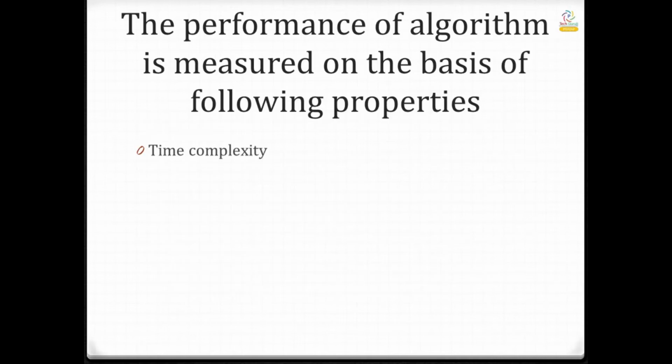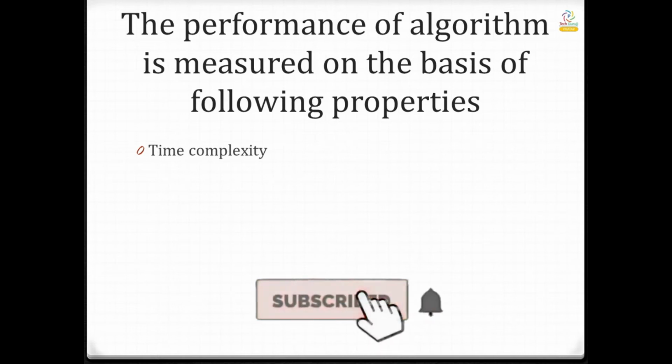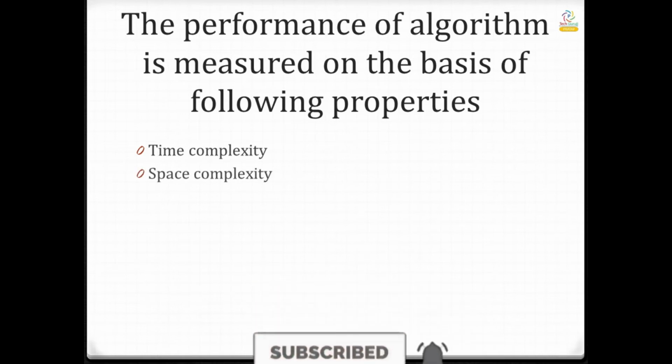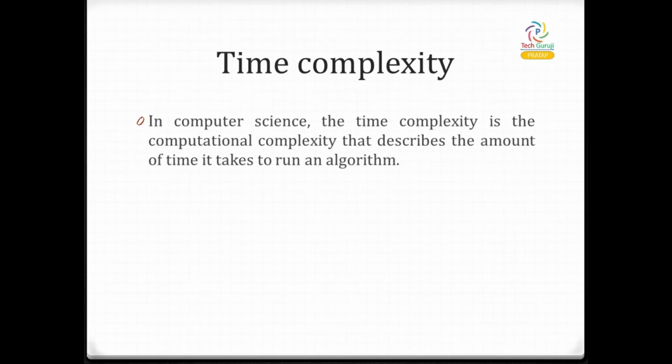The performance of an algorithm is measured on the basis of the following properties. The first is the time complexity and the second is the space complexity. So what is time complexity? In computer science, the time complexity is the computational complexity that describes the amount of time it takes to run an algorithm.